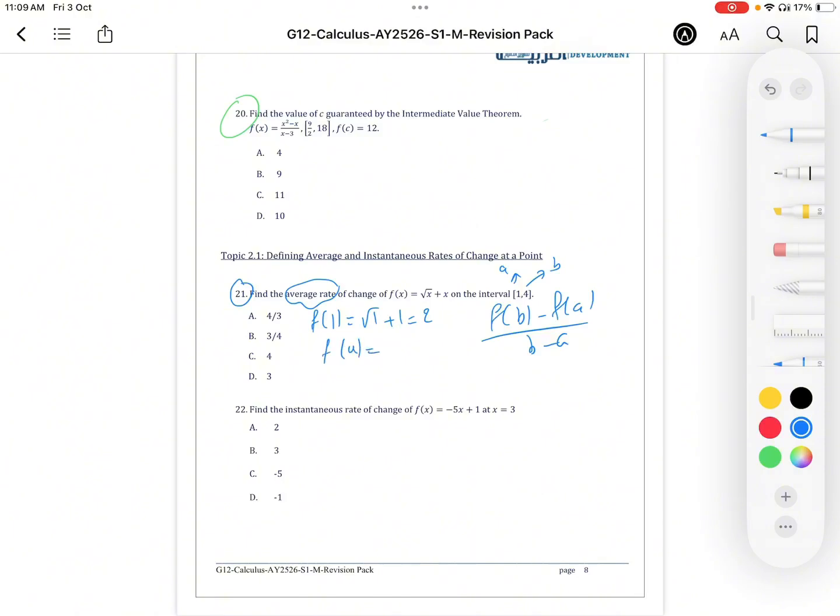And we need to find f of 4, so square root 4 plus 4, which is 6. Replace in the formula, so 6 minus 2 divided by 4 minus 1. So it's 4 divided by 3.